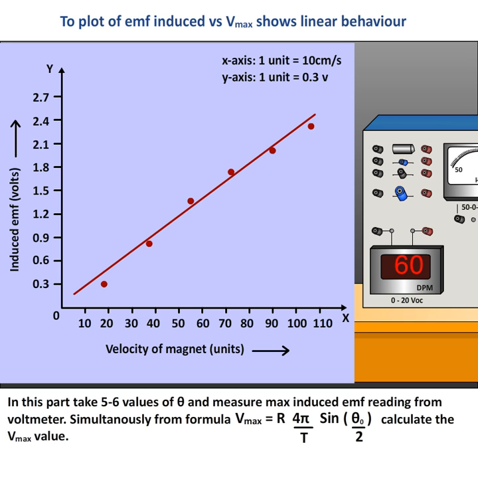Also, the rate of change of flux is directly proportional to the velocity of the magnet passing through the center of the coil. So, in the ideal case, the plot of induced EMF with the velocity of the magnet is expected to be linear.